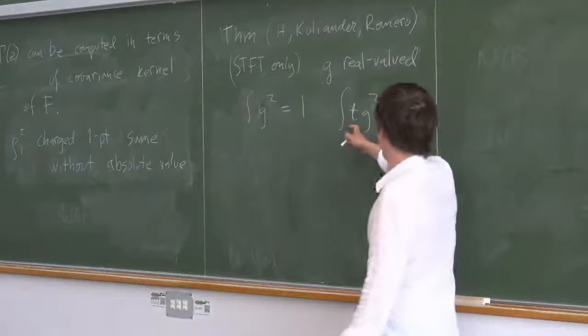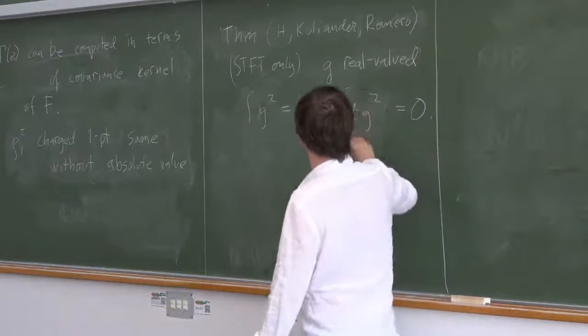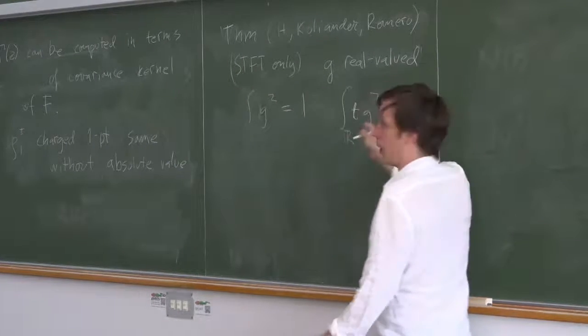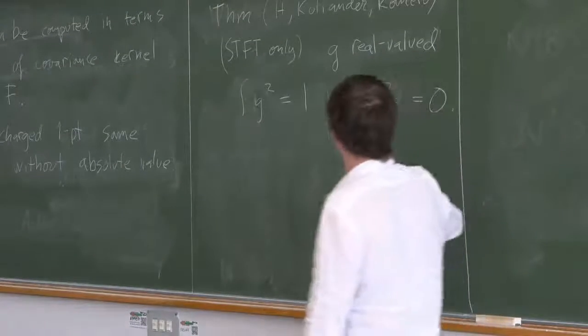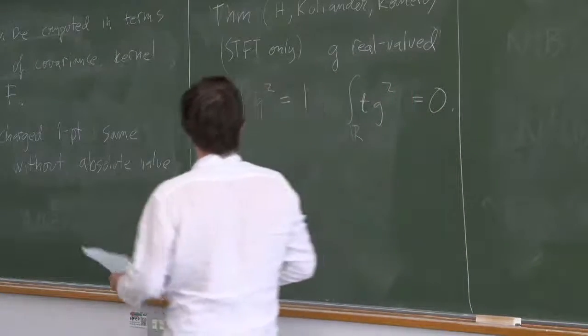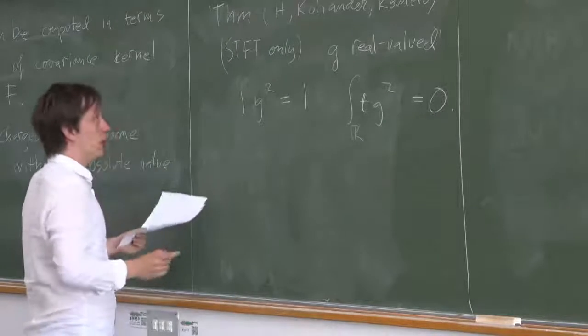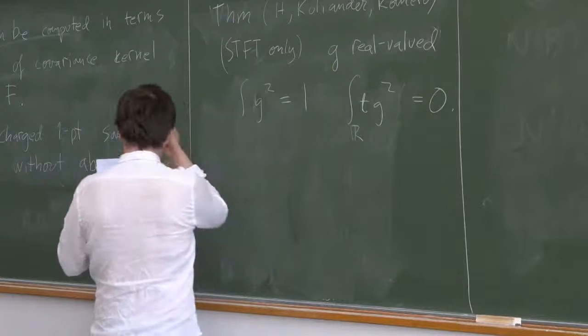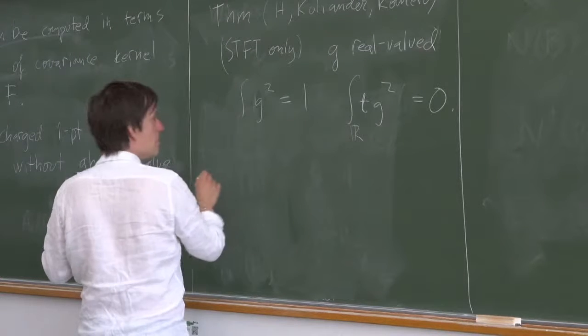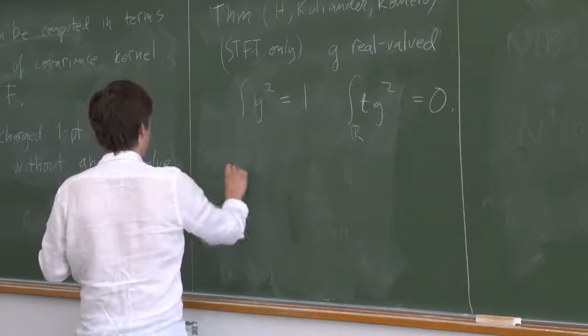You can arrange this by shifting G if you want, so this is not a serious restriction. Also, we can do complex valued as well, but I just write down the real valued case here.